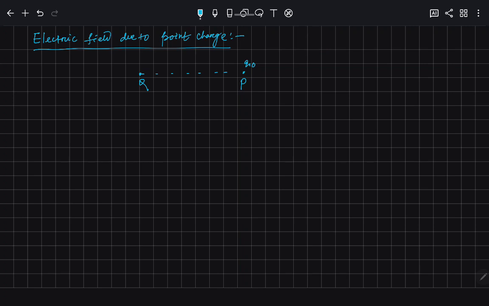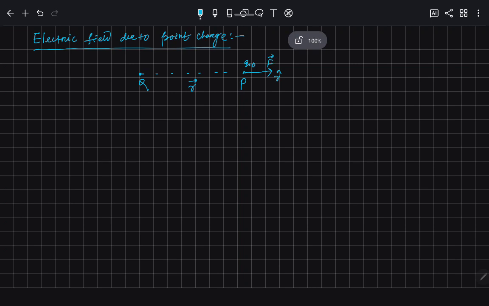Obviously, if this Q is positive and Q naught is positive, the force on it will be along this direction. So if this vector from Q to P is R vector, I can say that the force will be along R cap direction.